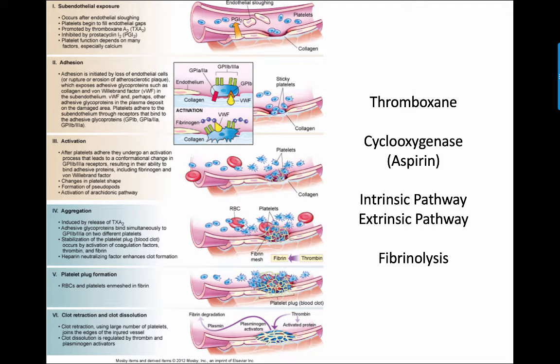All of those get activated to essentially form thrombin and then fibrin, and that creates this mesh network. The red cells and platelets get stuck in this fibrin mesh network, and that is really where the clot formation occurs. So again, this is just the exact same process, just looking at it from a different perspective.